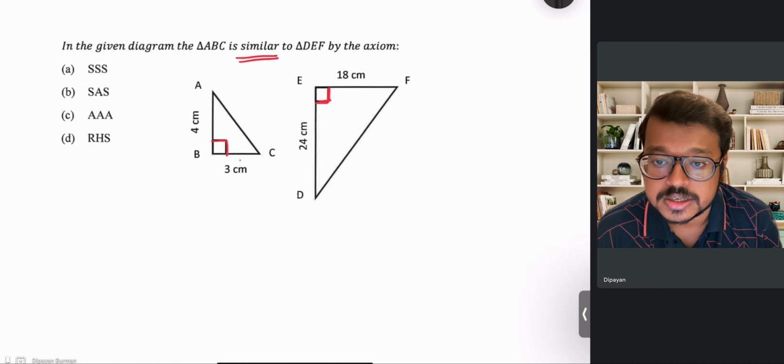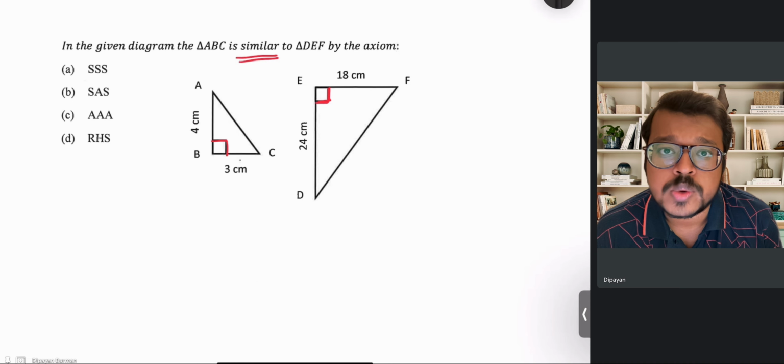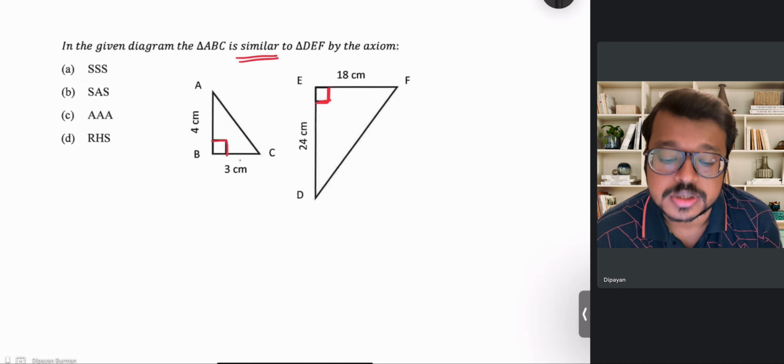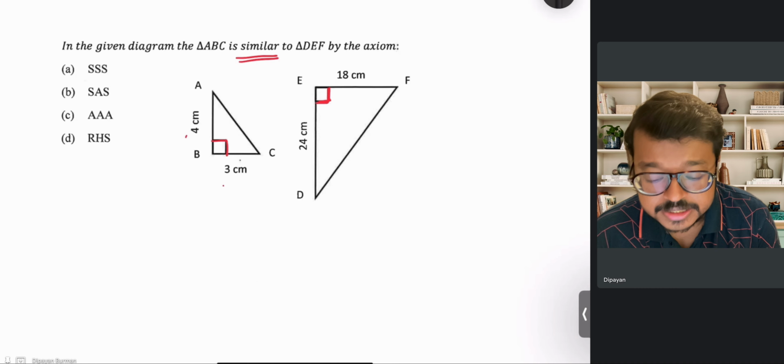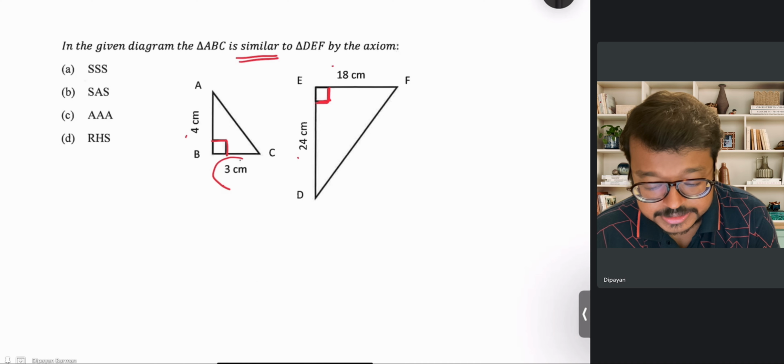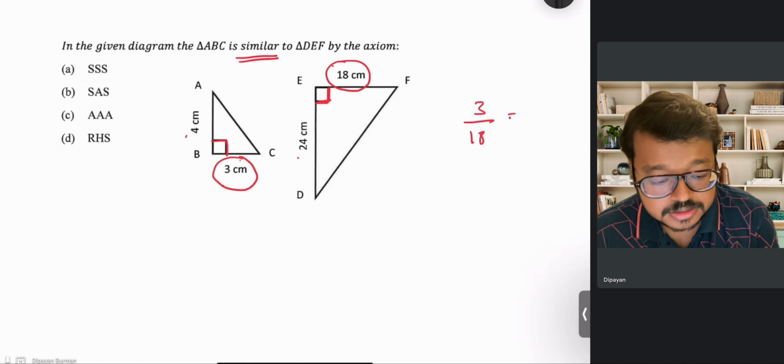So let's figure out which pairs of sides are corresponding sides. So let's say that we have 3 and 4 centimeter, then 18 and 24 centimeter. So if I look at 3 centimeter by 18 centimeter, 3 by 18, it reduces to 1 by 6.